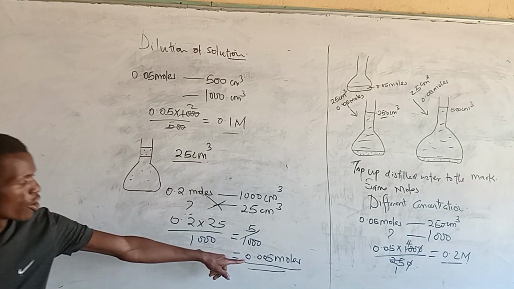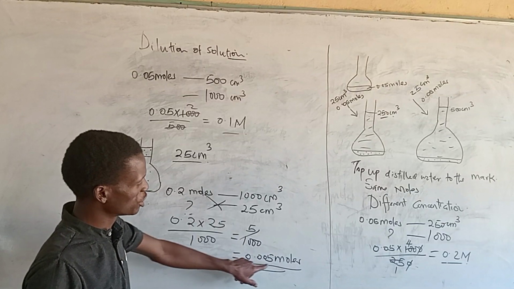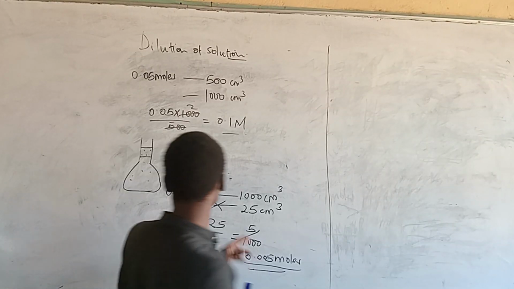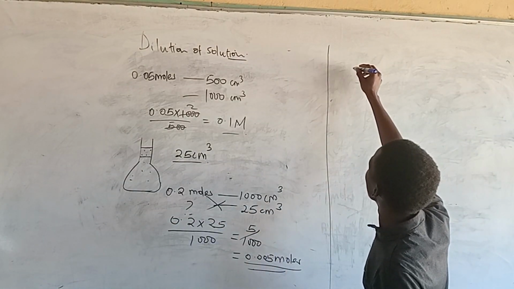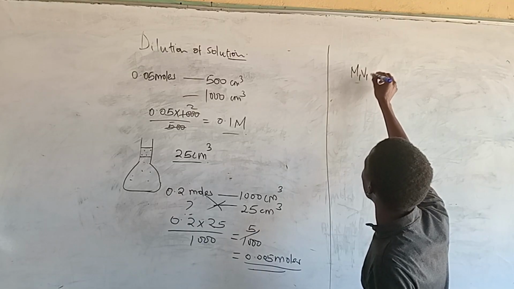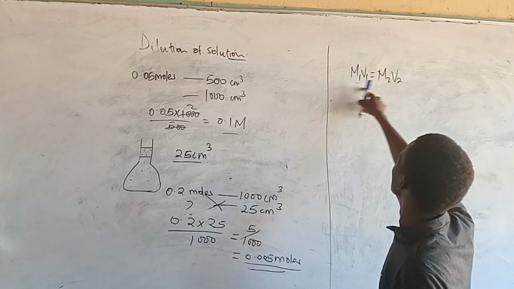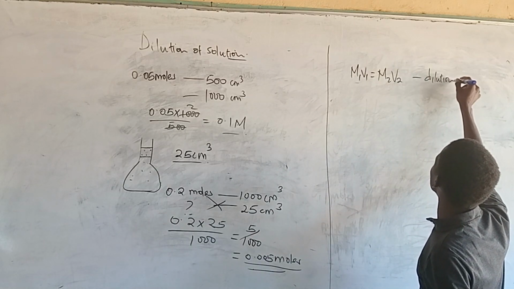So this is what you are going to pick from this flask, so that you continue with your titration. It is from this dilution concept that we derive the formula M1V1 equals M2V2. This is the formula for dilution.